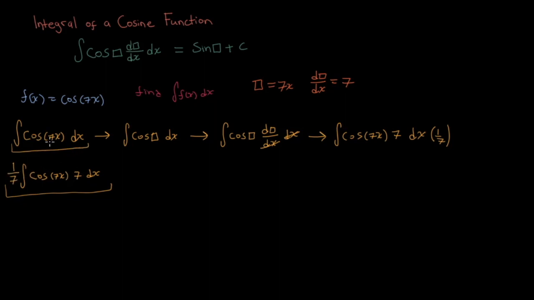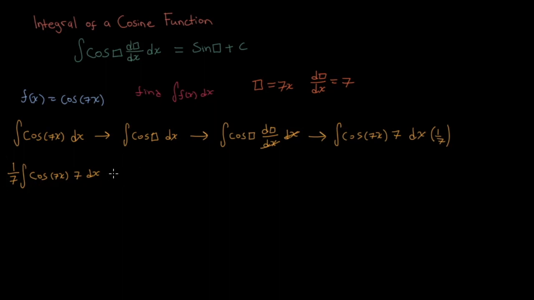These 7's cancel out and we're left with the cos 7x dx. But on top of that, this is in a form where we can integrate it directly. We can convert directly from this form to this form here. So that is the ideal integrating format.